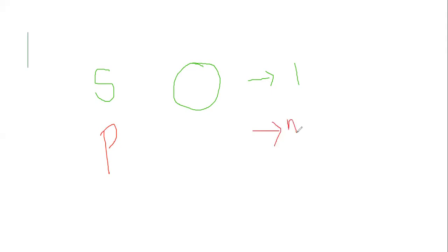I will use the annotate tool here. When you speak about the s orbital, it is spherical in shape, and you will have only one orbital. But if you speak about the p orbital, we are speaking about ml, the magnetic number, which we will study after.